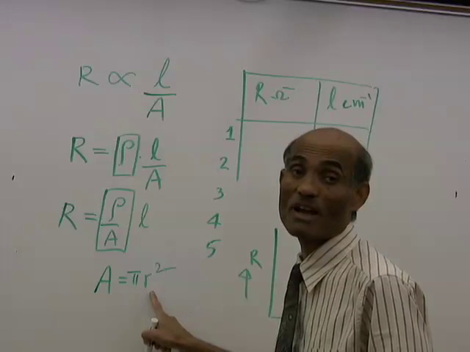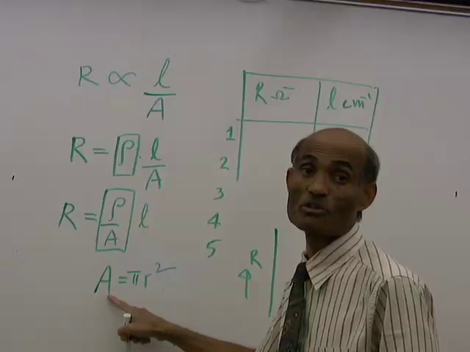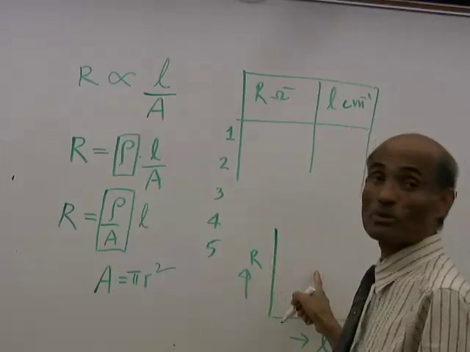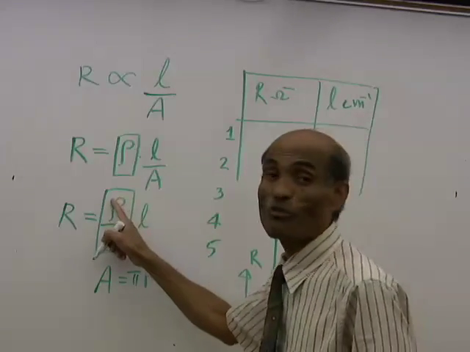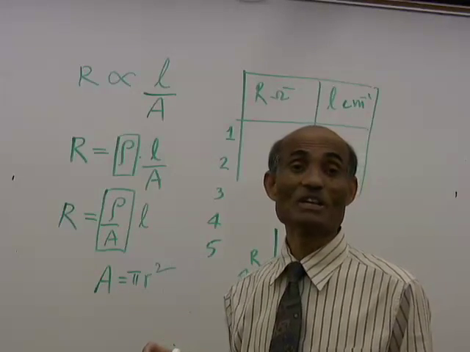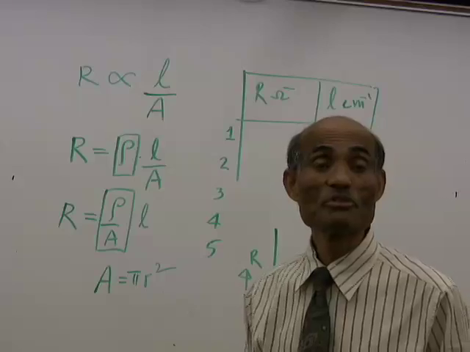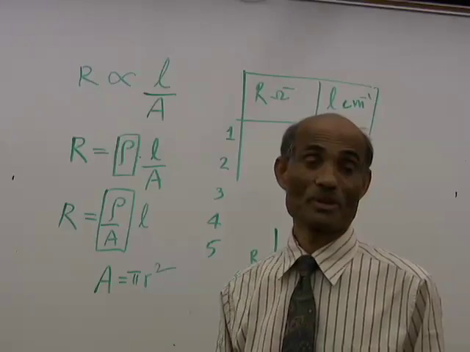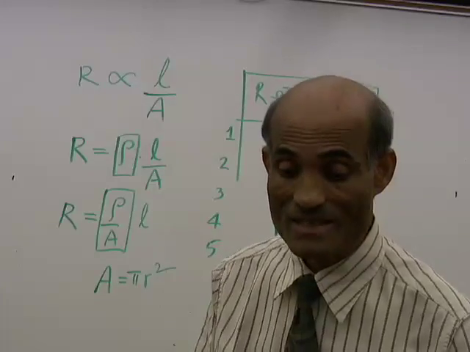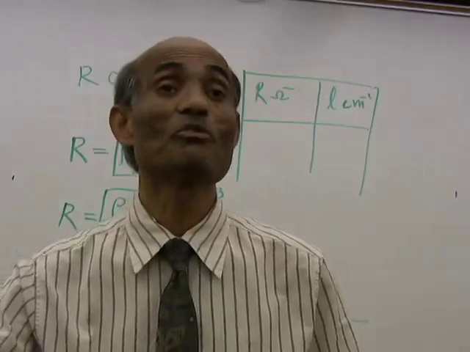I have given you the value of r, therefore you know A. And so use the slope you obtain from the graph for calculating the value of rho, the resistivity of the material nichrome. Okay. And now let's see how we can set up the experiment for the first part.